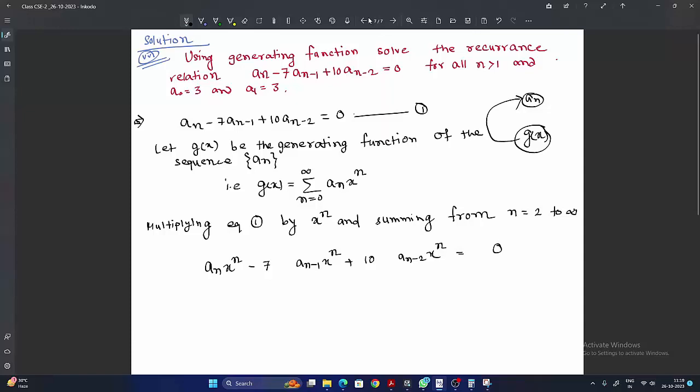So first we take the product with x^n with each term, then we take the summation over n is equal to 2 to infinity for each term. Clear?